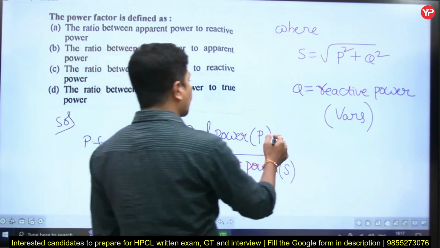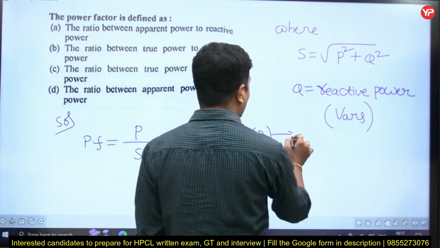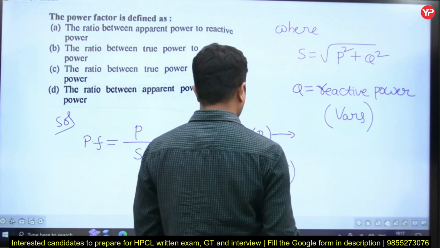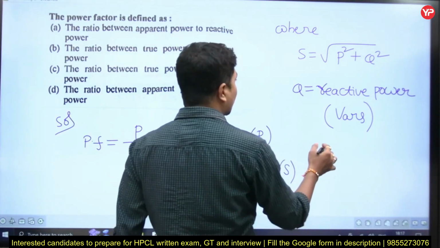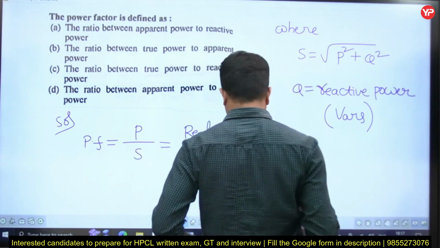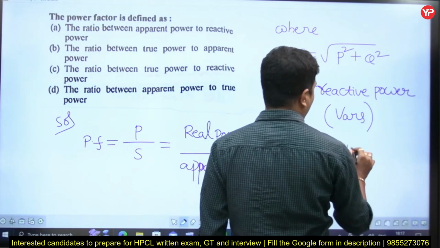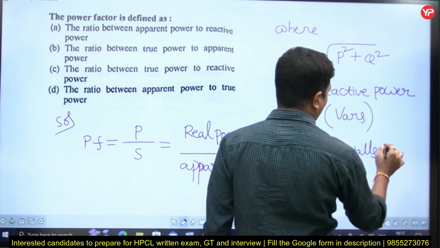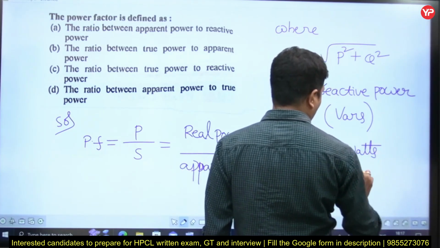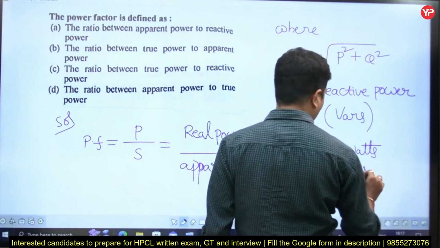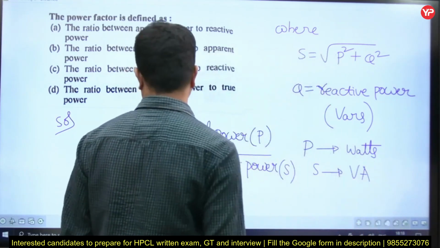The real power units are watts, and S units are volt amperes, VA. What is it saying?